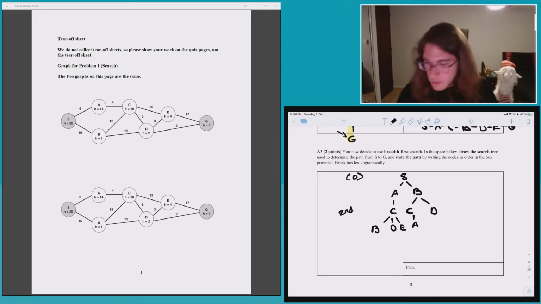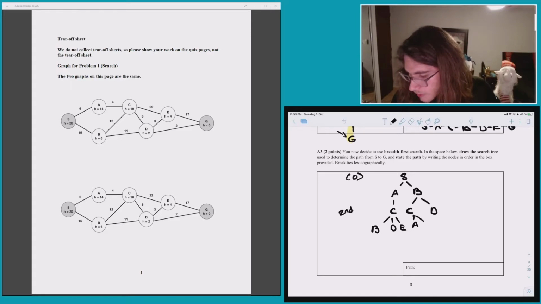SBCB then would have been a loop, and the same with the other C. SACB is not a loop, but SACA would be.